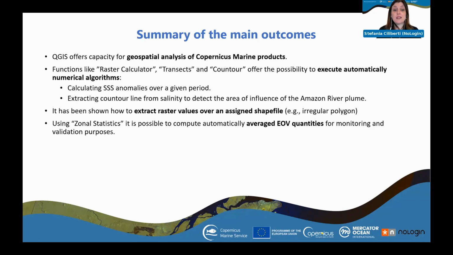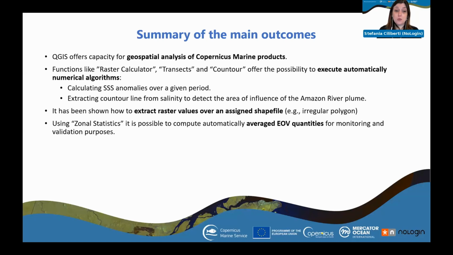Functions like the raster calculator, but also transects and contour, offer the possibility to execute numerical algorithms automatically, for instance, for calculating anomalies over a given period, or for extracting contour lines that can be used for detecting the region of influence of the river plume.